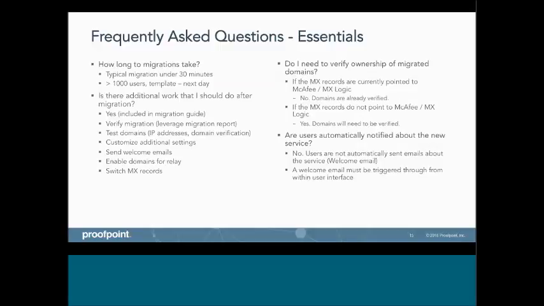There are a few exceptions to that. If you're trying to migrate an account that has more than 1,000 users, then we would process that overnight, so it would be available the next day. Or if you use a template, both of those would trigger an overnight process. One thing I will highlight here, and I'm going to give you an email address in a moment, so if you're not aware of it, write it down.